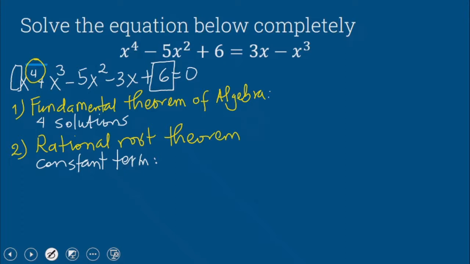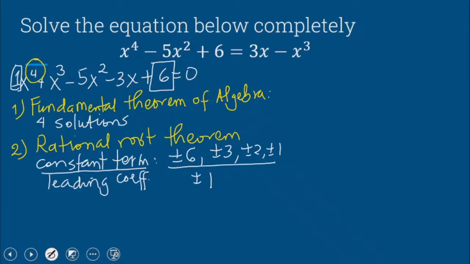In this case, our constant term is 6. So the factors of 6 are plus or minus 6, plus or minus 3, plus or minus 2, plus or minus 1. Then we divide that by the leading coefficient, and in this case our leading coefficient is 1.